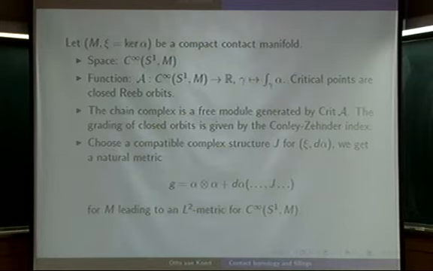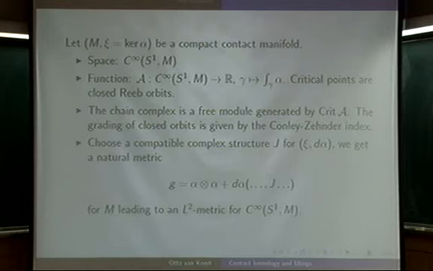Now you might ask yourself, if I do Morse homology, I really need a Morse function. I kind of jumped over it, but if you take something which is not Morse, then bad things happen. The same is true here. I'll just run over this detail and pretend that it does not happen, but it's very important to take a decent functional, and here a decent functional means a decent form.